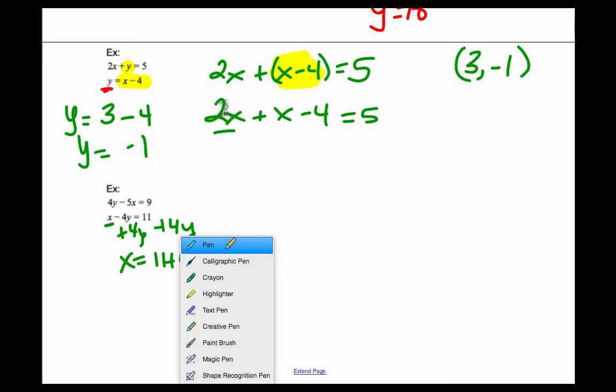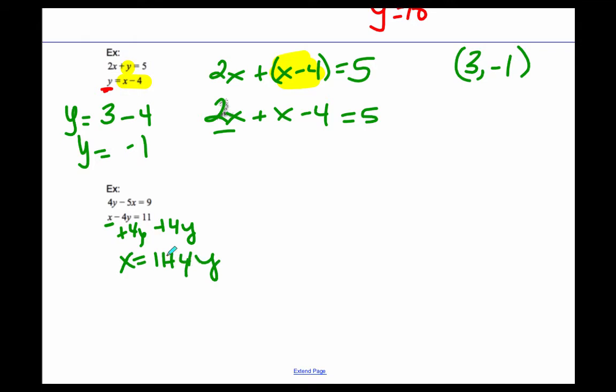So now what am I going to do? I'm going to substitute the 11 plus 4y in for what? Well, it equals x. So I have to substitute it in for that x. So let's see what that looks like. I'm going to use a different color. Let's do blue. 4y minus 5.